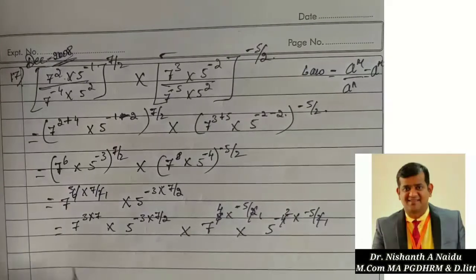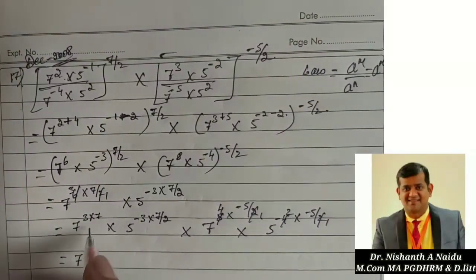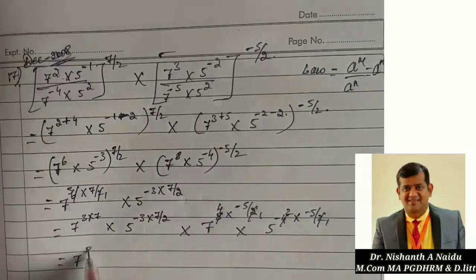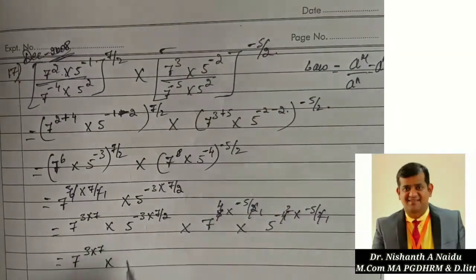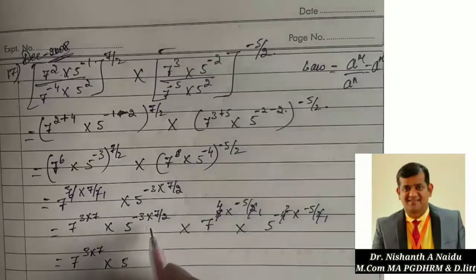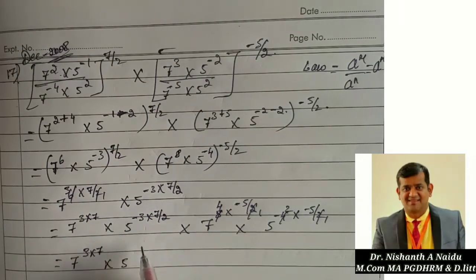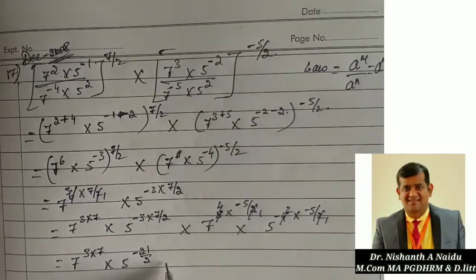Okay, so now let us take it. 7 to the power of 3 into 7, 3 sevens are, right? So that remains the same, 3 into 7 we will do in the next step. Into 5 to the power of, how much? 3 into 7 divided by 2, that means 3 sevens are 21, minus 21 divided by 2.